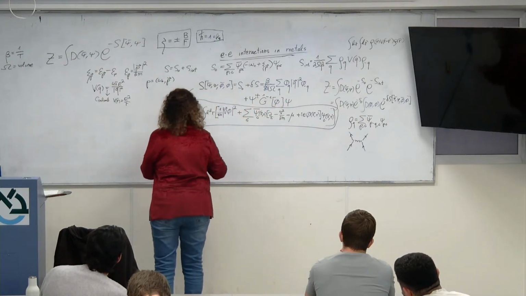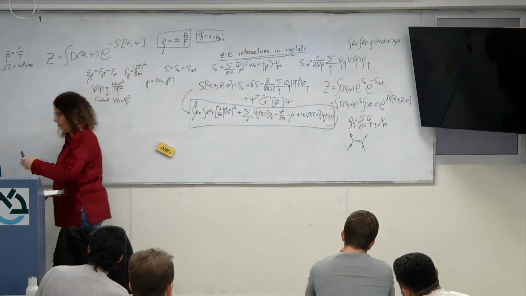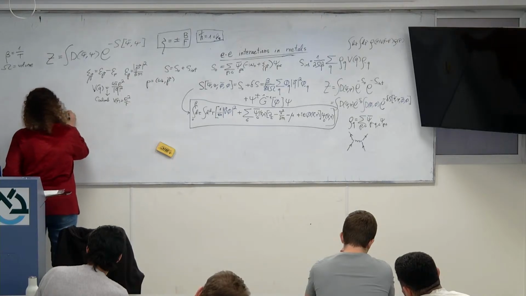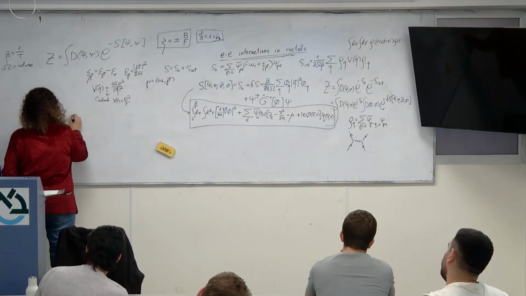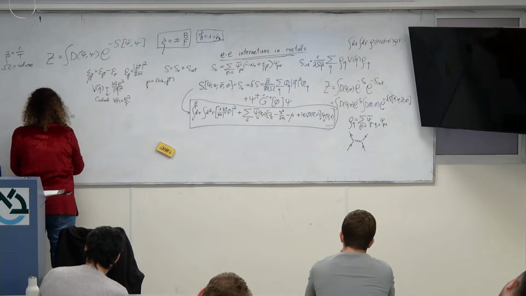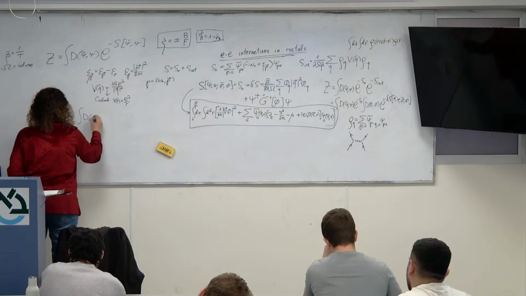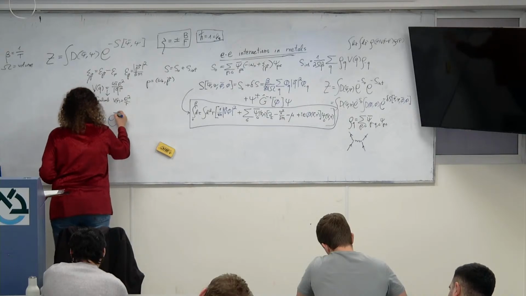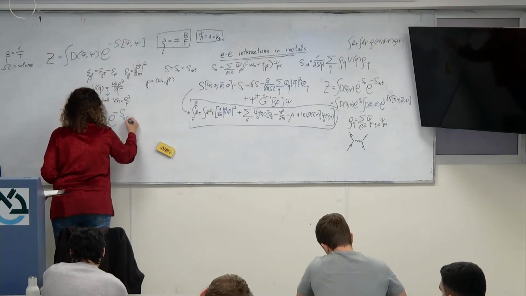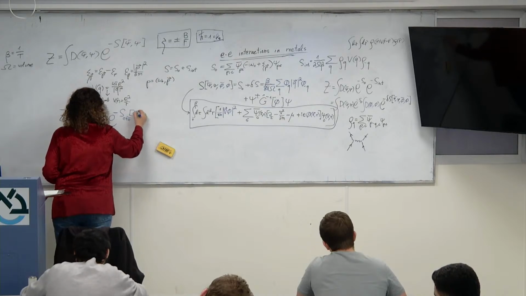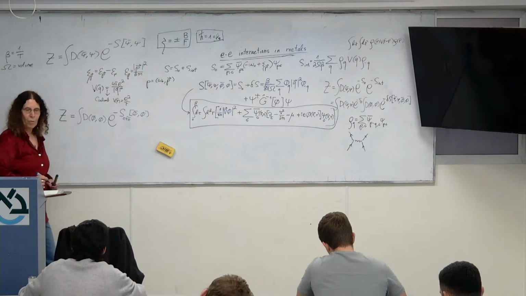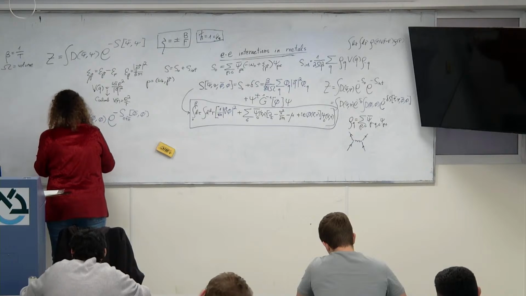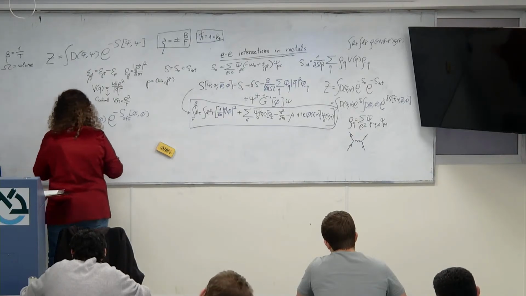So let me rewrite it. I want to say that the partition function Z is going to be an integral d phi bar phi of e to the minus something that I will call S effective of phi. Now let's see what this S effective is.